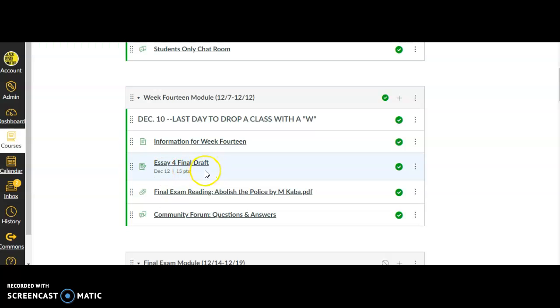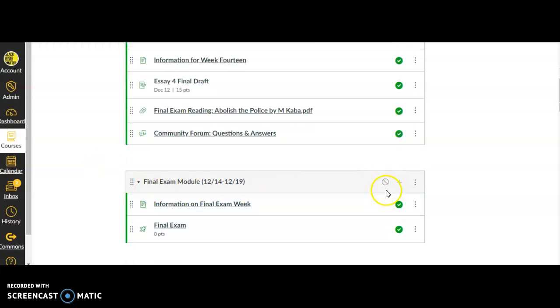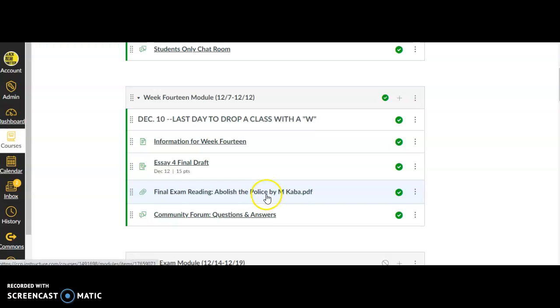The final draft of essay 4 is going to be due on the 12th, which is the last day of classes. And you can now see the reading that the final exam will be based on, but you can't see the prompt yet. Scrolling down, this is hidden, but it will open on December 14th. Finals week is from the 14th through the 19th, and that's when you will be able to see the prompt. But you can get a head start by reading the article if you wish.